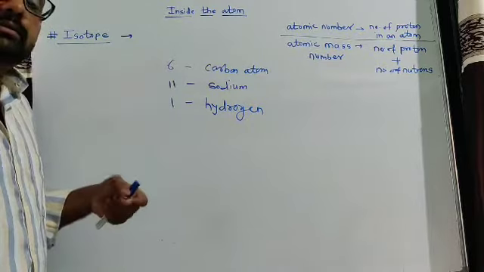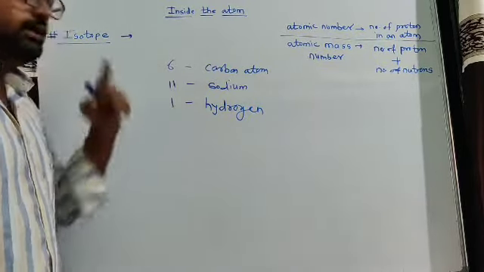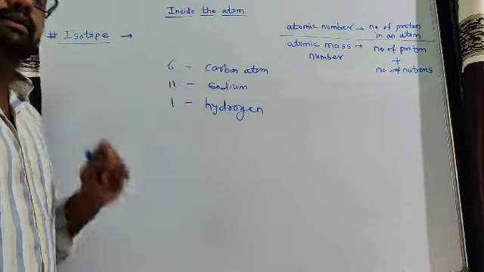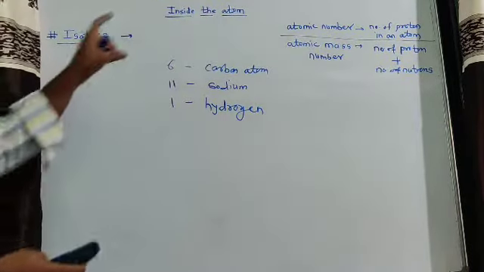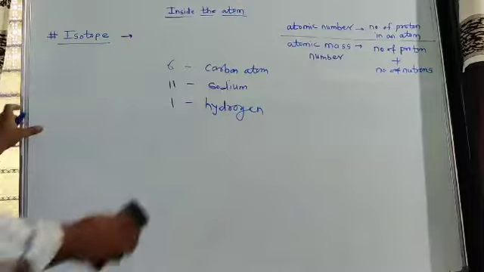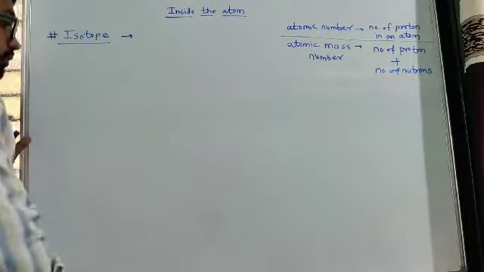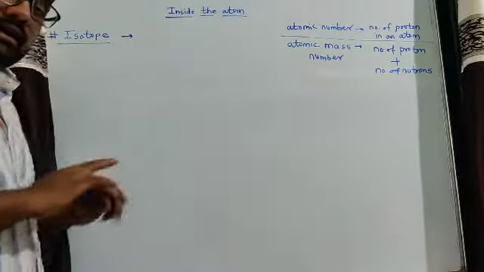For sodium, 11 means 11 protons are present in the sodium atom. For hydrogen, 1 means 1 proton is present in the hydrogen atom. So the atomic number is a fundamental property of any element, which we already studied.